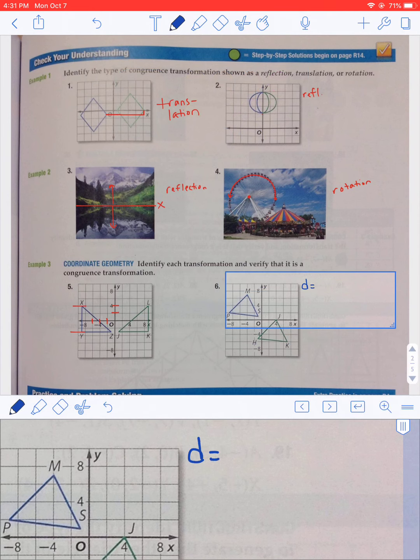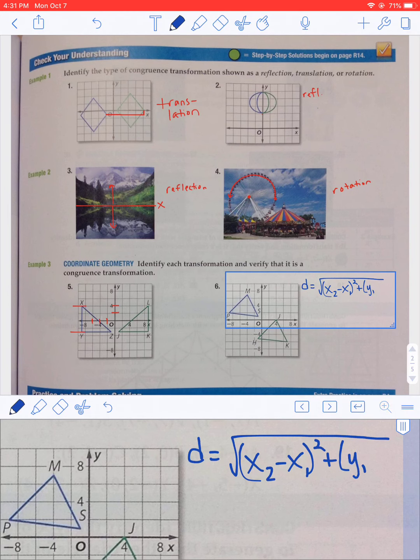Now, if you like doing Pythagorean theorem, you can do that, okay? I don't know what the choice is of most students, but this one would be really easy to do Pythagorean theorem, because it is already drawn, okay?